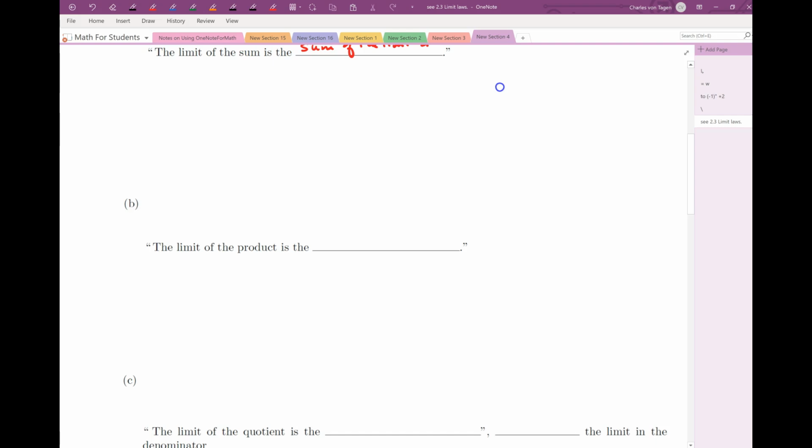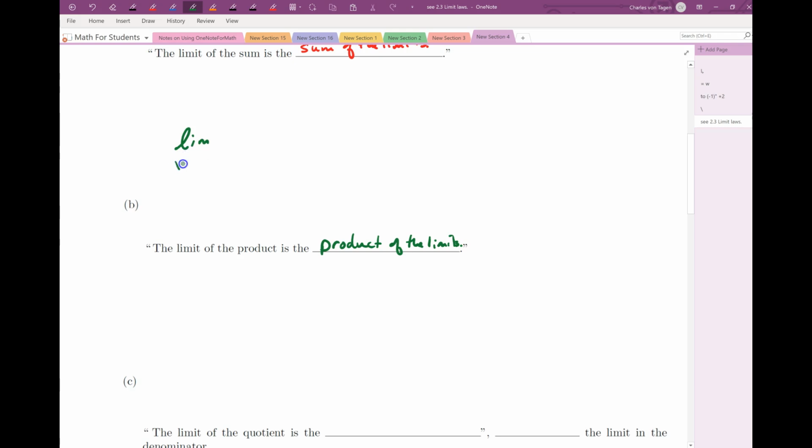All right, here's the next property. It says that the limit of the product is the product of the limits. So mathematically or symbolically, what would that look like?